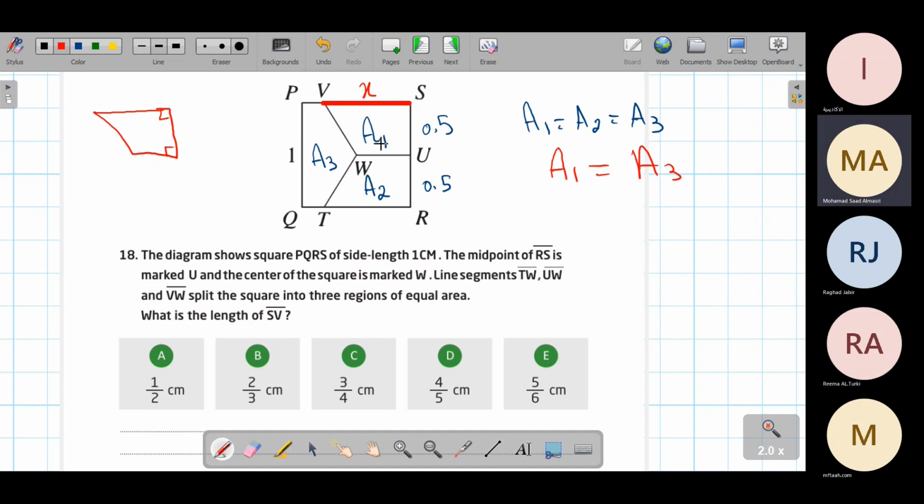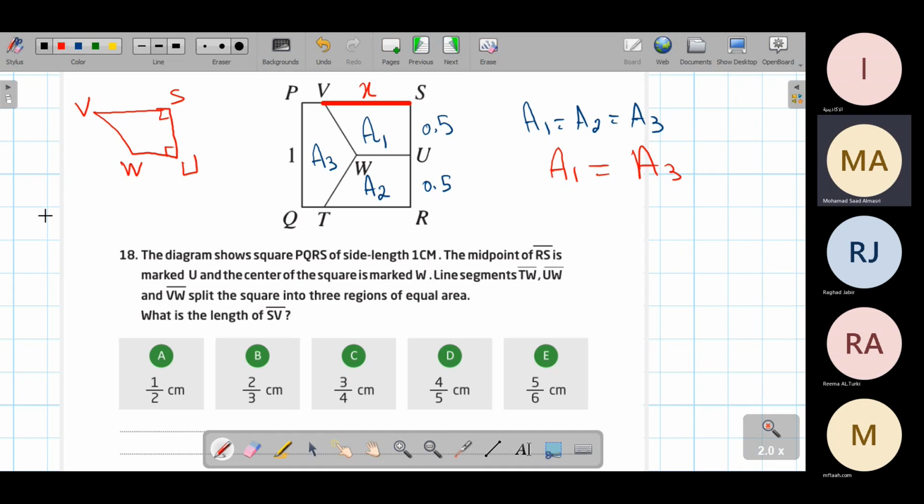What is the area of A1? Do you know the area of a trapezoid? If I say SVWU, I will help in this part.